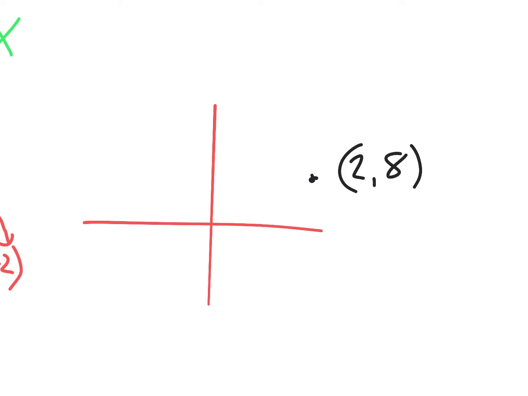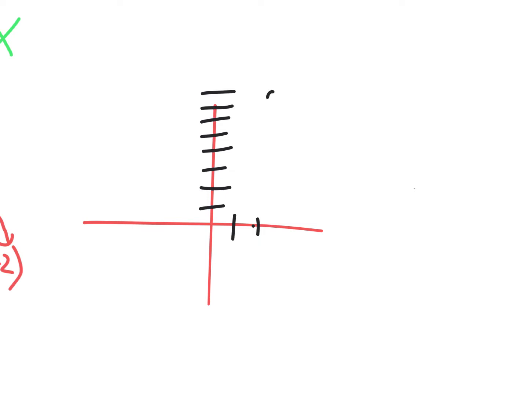Okay, so I better make this point look like it's in the right spot. 2 comma 8: over 2, up 8. It would have the point 8 comma 2 on it, which is over 8, comma up 2. I'm going to put a dot with maybe a different color. That's the inverse of 2, 8 is 8, 2.